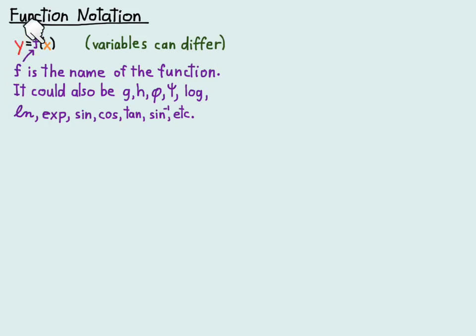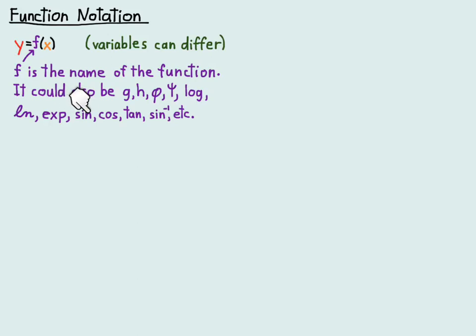That's the name of the function. We'd use it instead of f, but that's a specific function called the natural log function. exp is an exponential function. We don't use that in here, but engineers use that a lot for what we call an exponential function. We do exponential functions, but we don't usually write it this way. But a lot of engineers do.